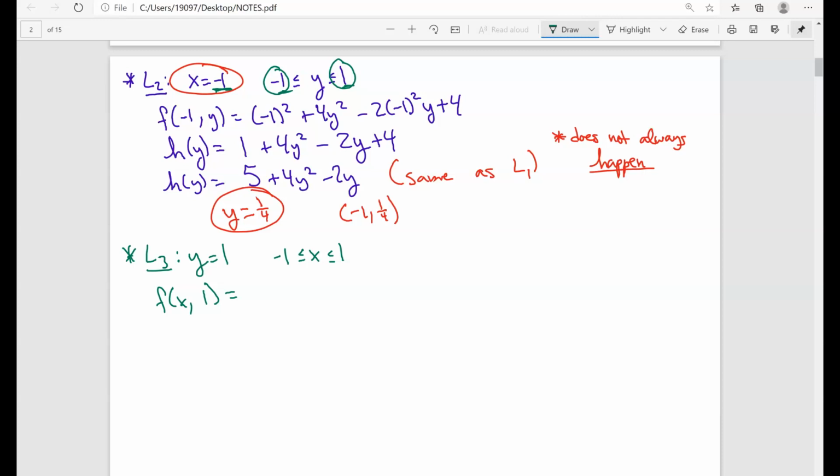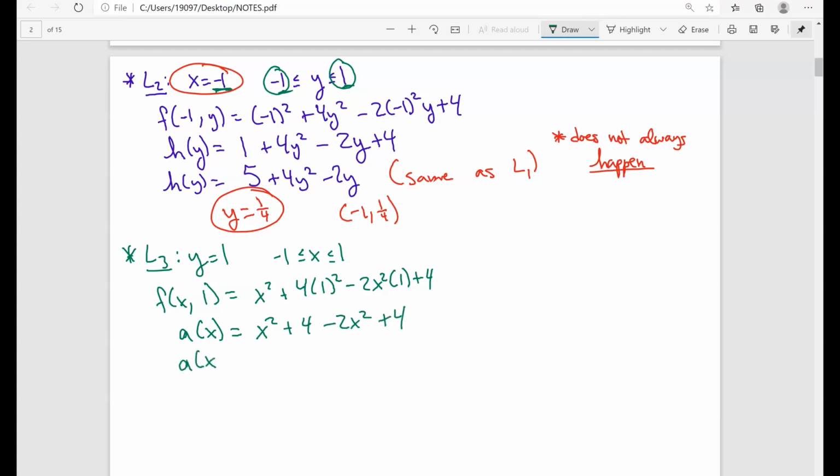What I'm going to get is x squared plus 4 times 1 squared minus 2x squared times 1 plus 4. I'm going to call this something else, let's call this a sub x. So this is going to give me x squared plus 4 minus 2x squared plus 4.